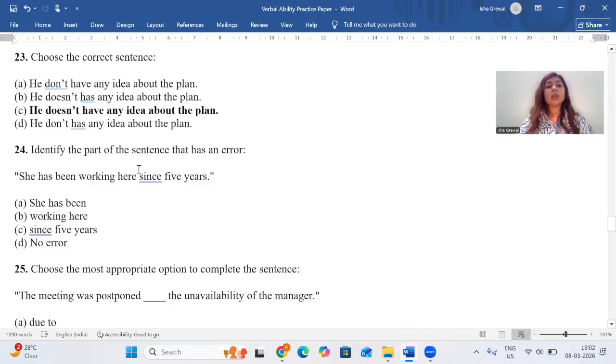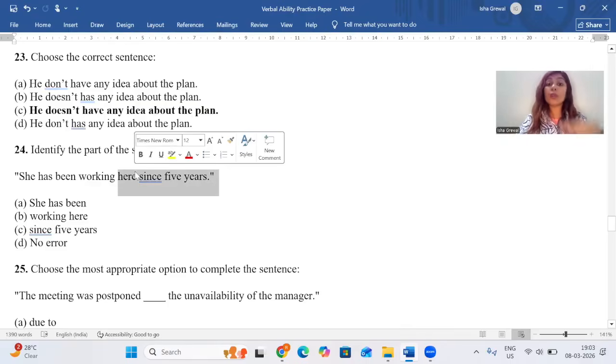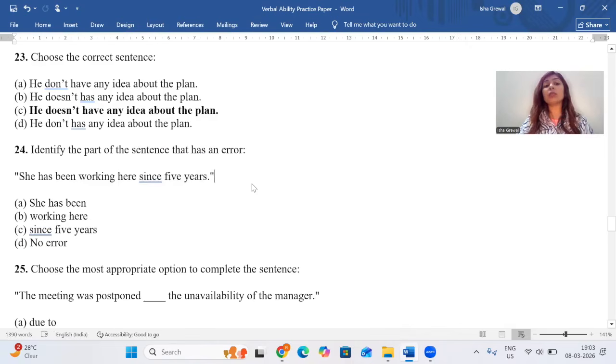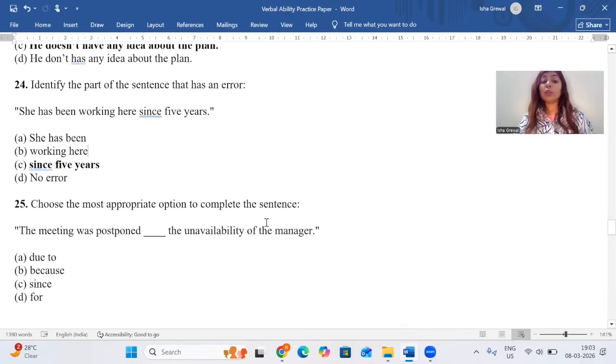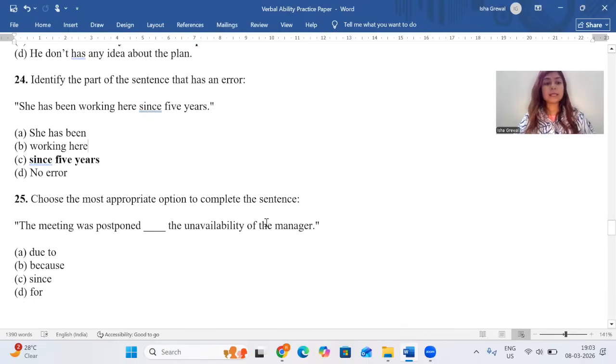Because we are talking about duration, 5 saal, it is not a specific time, so here is the error. It should be for: she has been working here for 5 years. Had the sentence been she has been working here since 2010, then it would have been since.